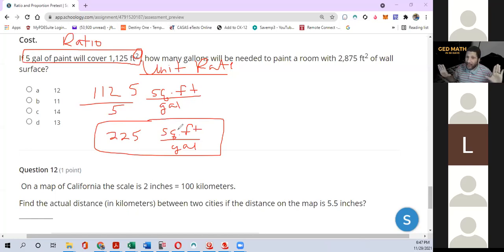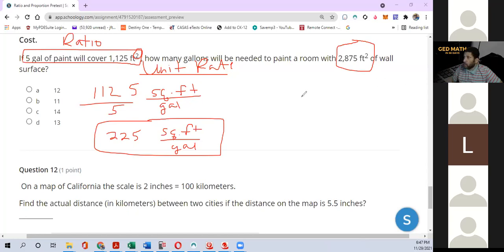But that's not what they want. They want to know how many gallons of paint we will need for 2,875 square feet. So it's a multi-tiered question. It's a unit rate problem first. And then, what did you do, Alexis, to get that answer?